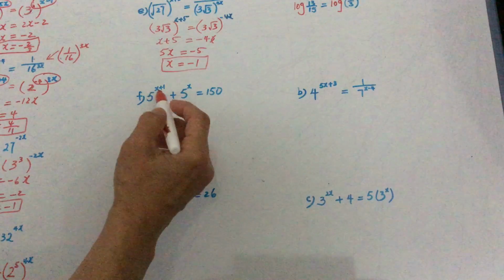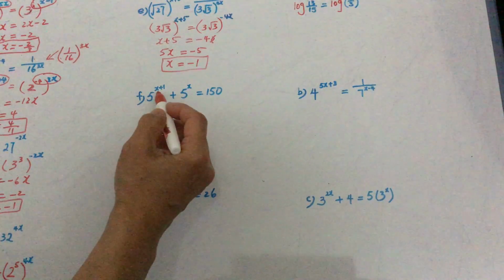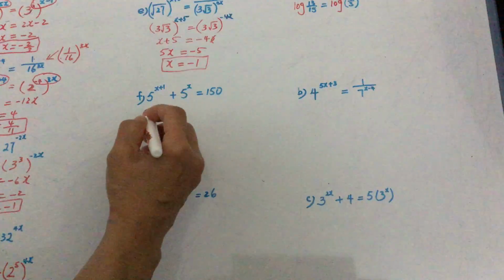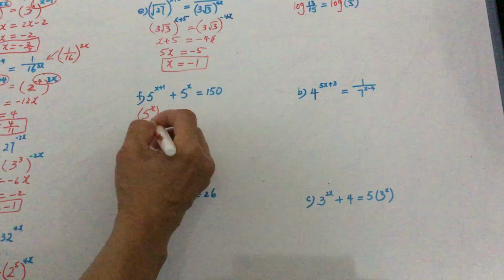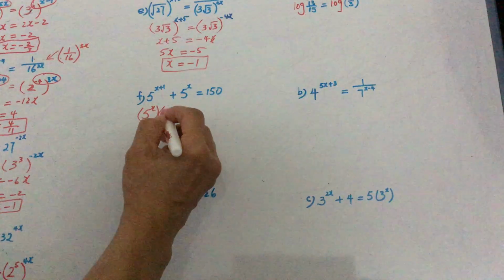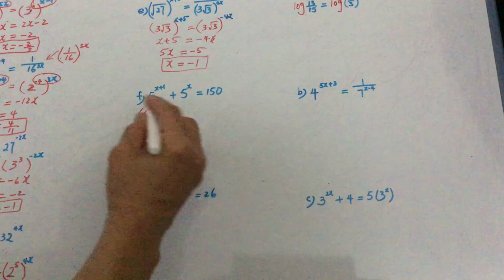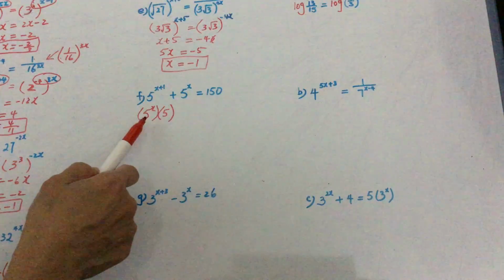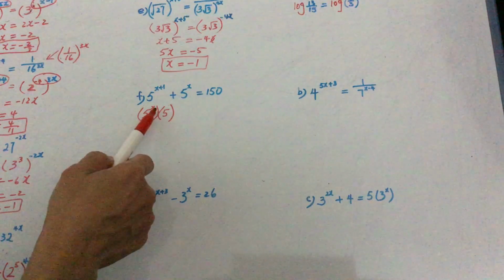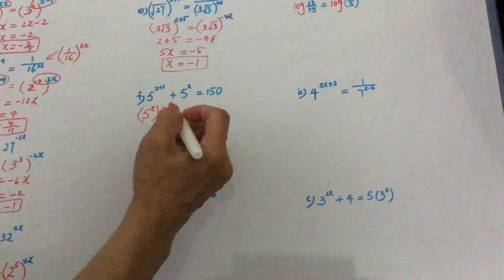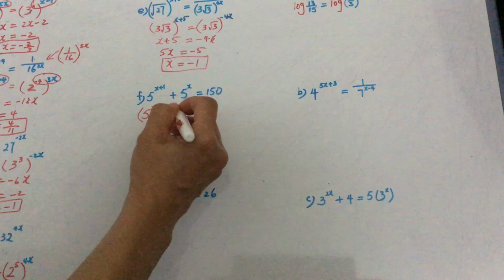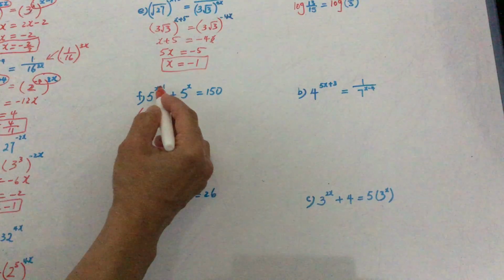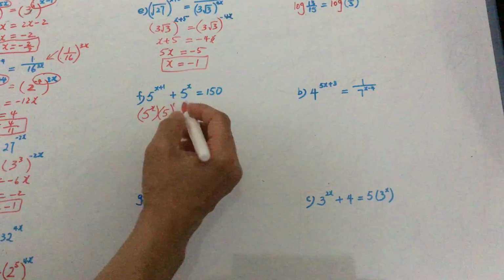For this one here, we need to break down the x plus 1 into a 5 to the x times another 5. Okay, because according to the exponential law, when you multiply two terms with the same base, you add the exponents. And this 5 here has an exponent of 1, so that is the reason why you have 5 to the exponent of x plus 1.